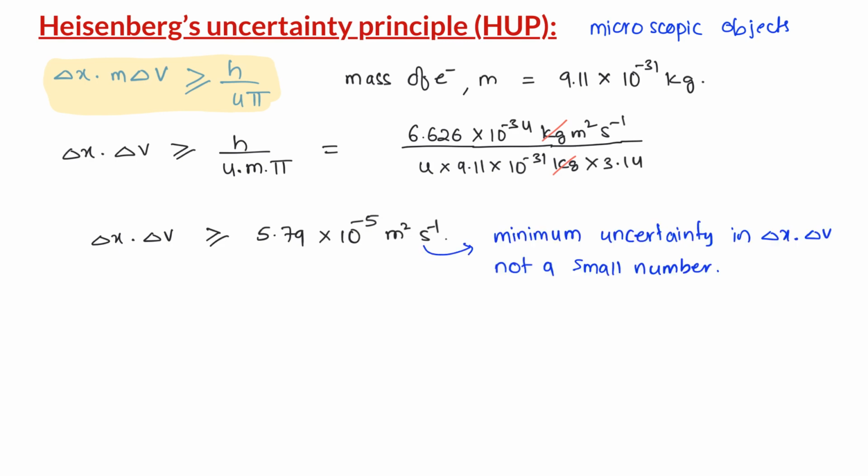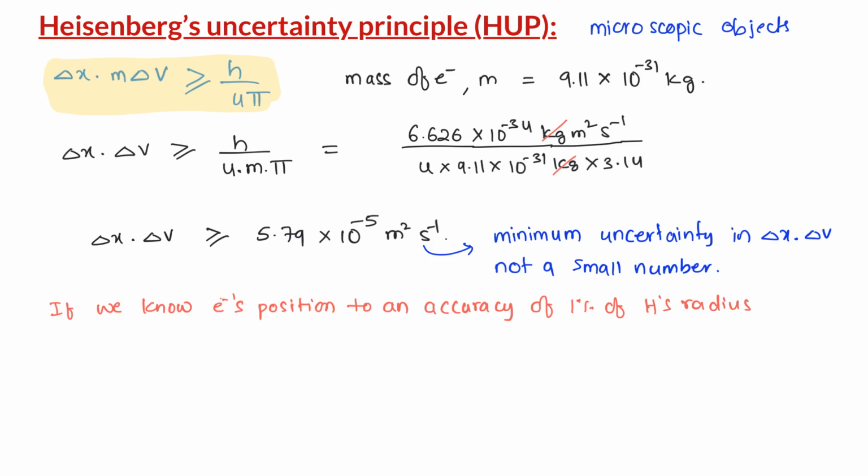The minimum amount of uncertainty in the product of position and velocity of an electron is not that small. Let us say we know the position of the electron inside a hydrogen atom to an accuracy of 1% of the hydrogen's radius. The radius of a hydrogen atom is 0.05 nanometers. Therefore, the uncertainty in the position of the electron is 0.0005 nanometers.